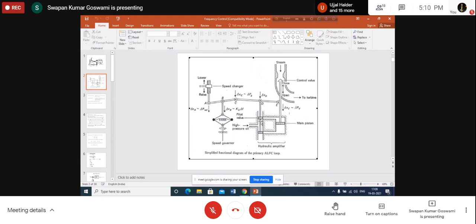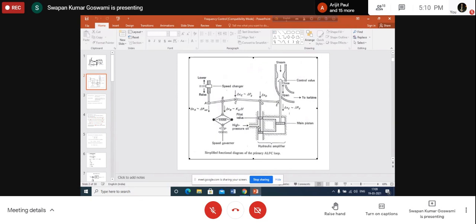Say D has been moved up, somehow because of movement of C. So an opening is created here. What will be happening? Oil from this chamber will drain out through these spaces. High pressure oil will maintain its pressure here.